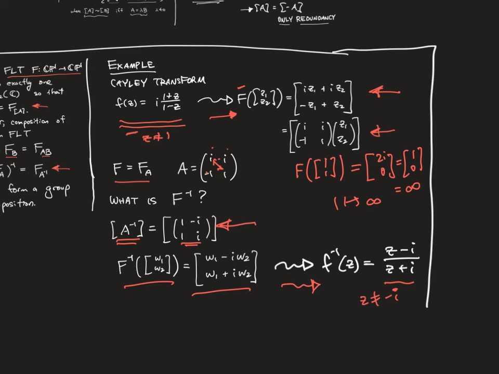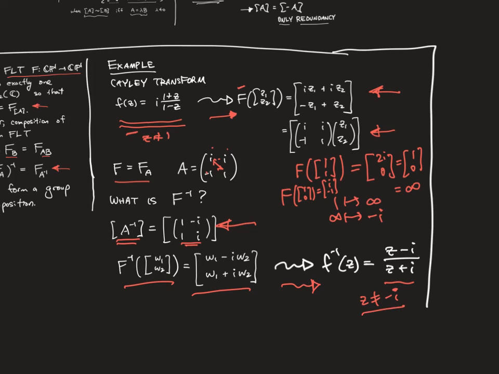and you can even see where the point infinity maps to. So infinity was (1, 0), and you can directly compute that that maps to (i, -1), which is equivalent to minus i. You could also see that down here with the inverse function.